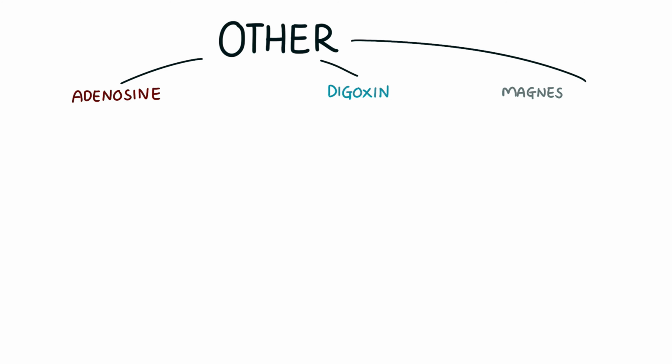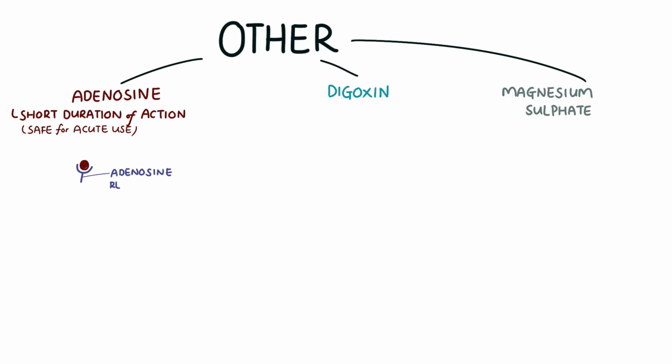There are also other antiarrhythmic agents that fall into their own category. First up is adenosine. Adenosine is particularly useful for acute situations because of its very short duration of action, typically lasting only a few seconds. It works by binding to adenosine receptors. This will decrease cyclic AMP, resulting in opening of potassium channels and closure of the calcium channels.